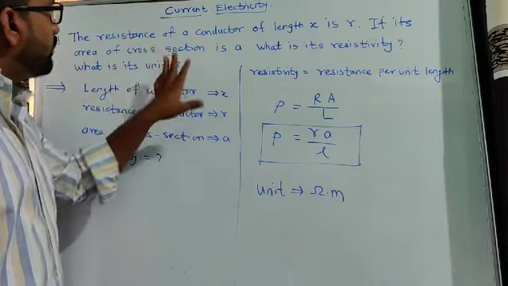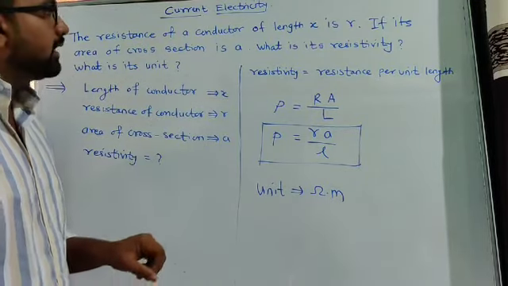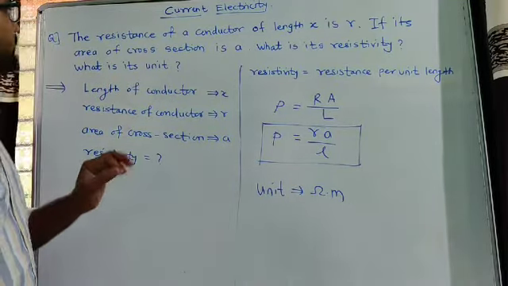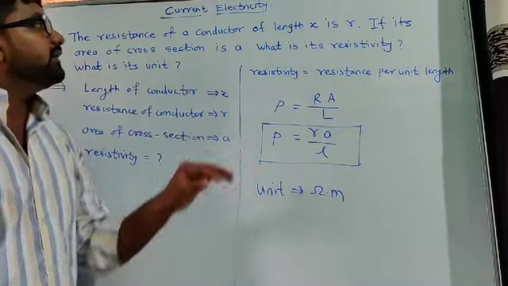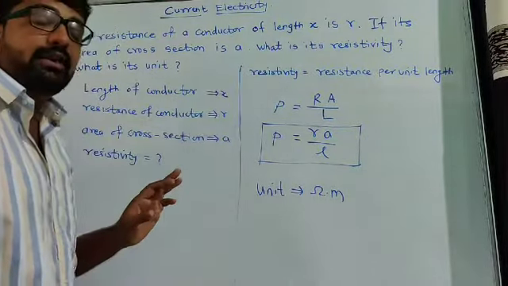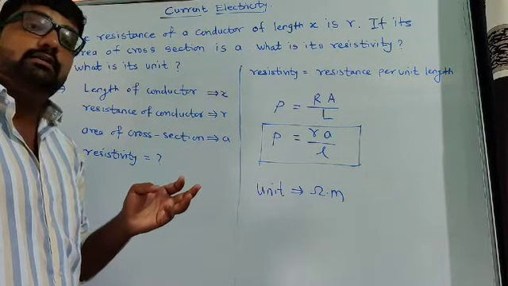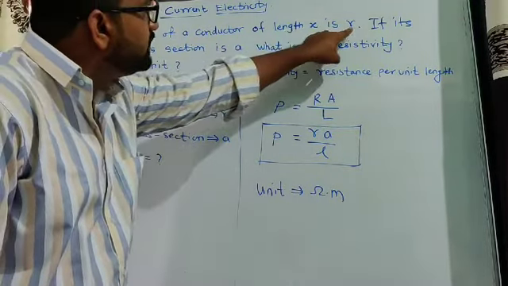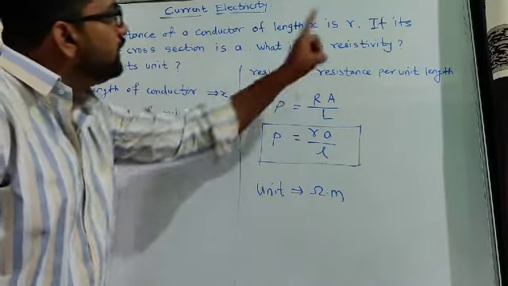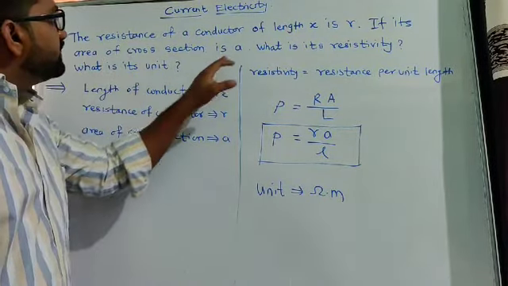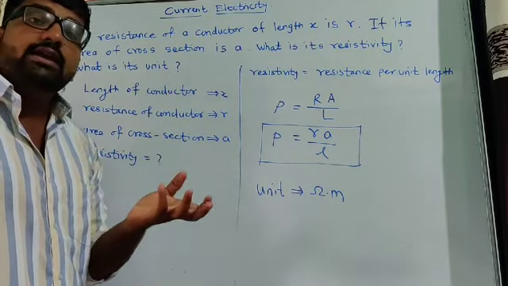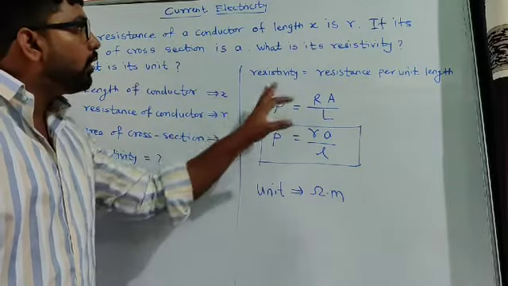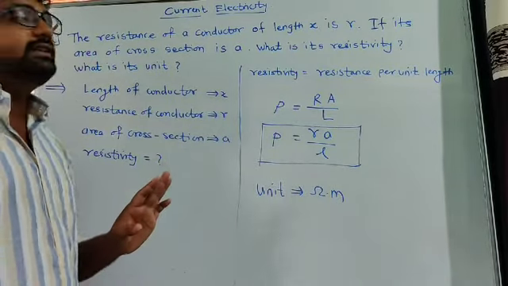If its area of cross section is small a, then what is its resistivity?